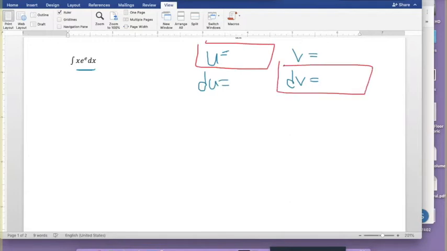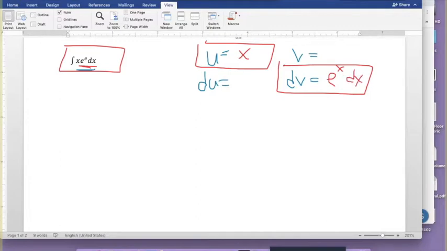That comes directly from this original integral. And I'm just going to tell you what to use for this one because I just want you to see the procedure. We're going to use x to be our u, and anything not the x is going to be our dv, which in this case would be, I'm sorry, that should be e to the x. That's a typo. e to the x dx.